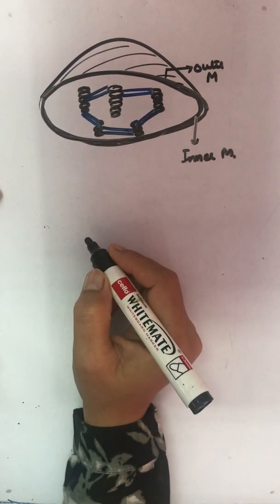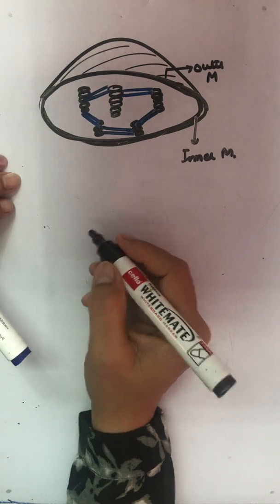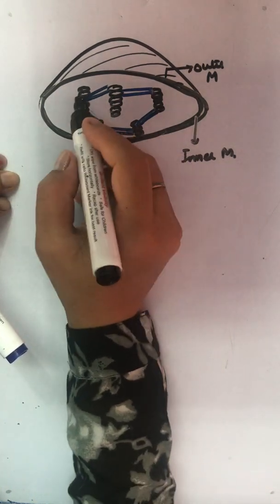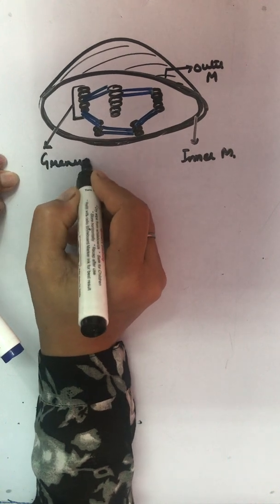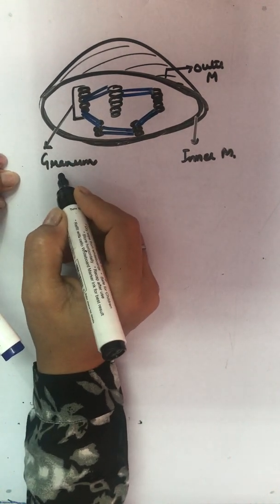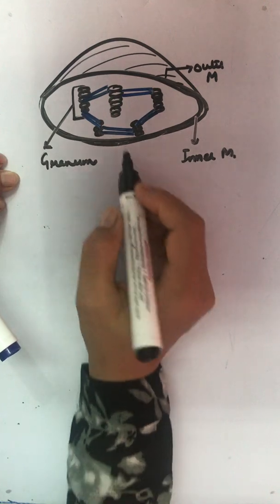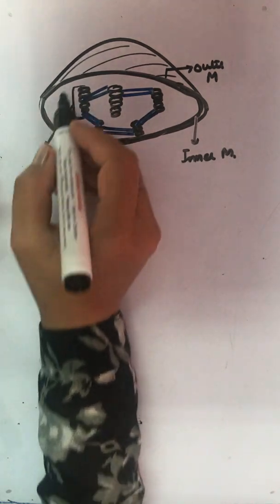Okay, inner membrane. Then granum, and basically we call it thylakoid.